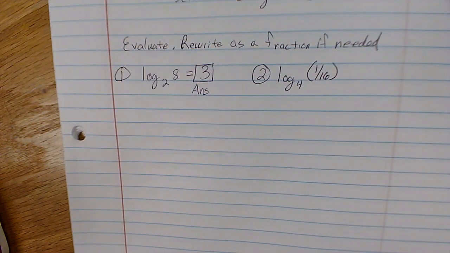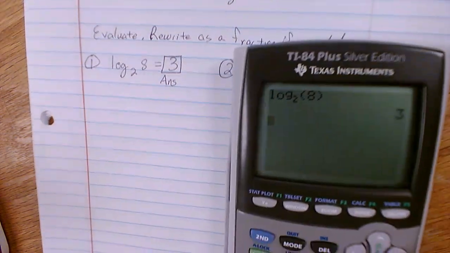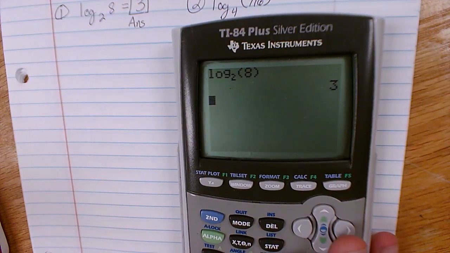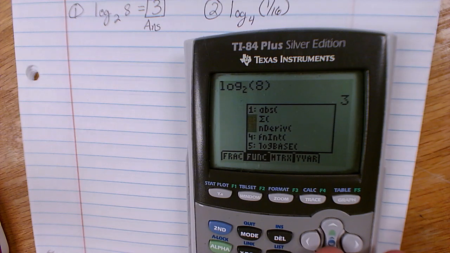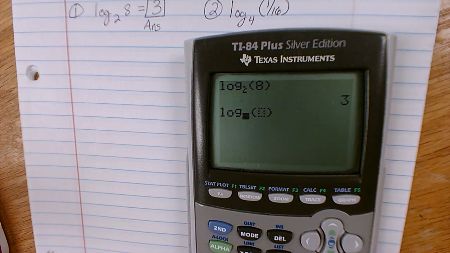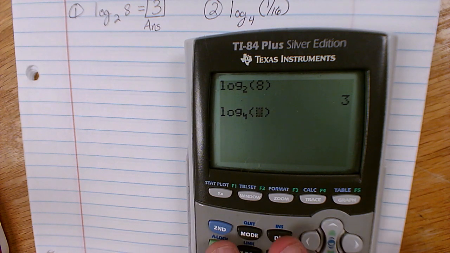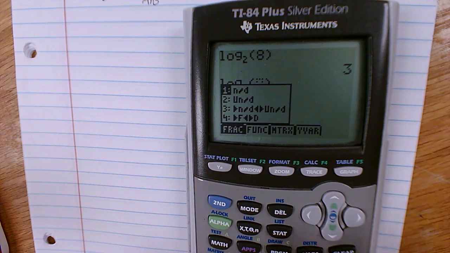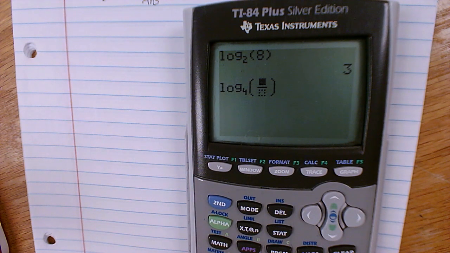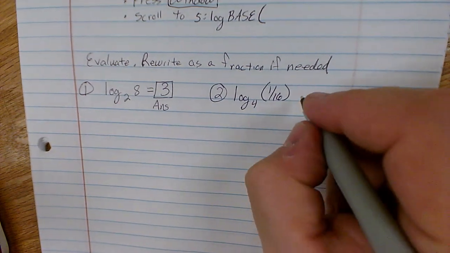So we would do alpha window, go down to log base, type in the 4, and then inside here we have options. If you hit alpha, then y equals, it pulls up the fraction menu. You can type in 1 over 16, hit enter, and there's your final answer, -2.